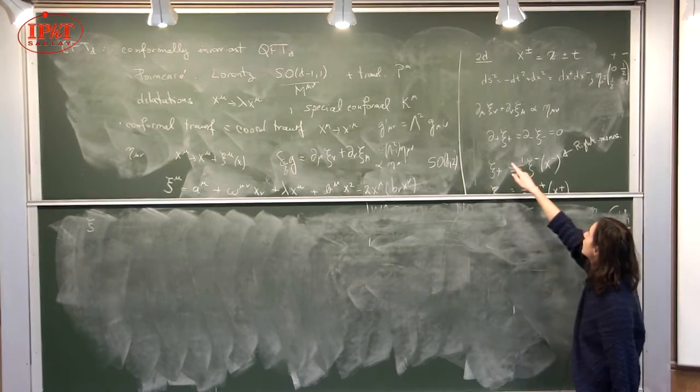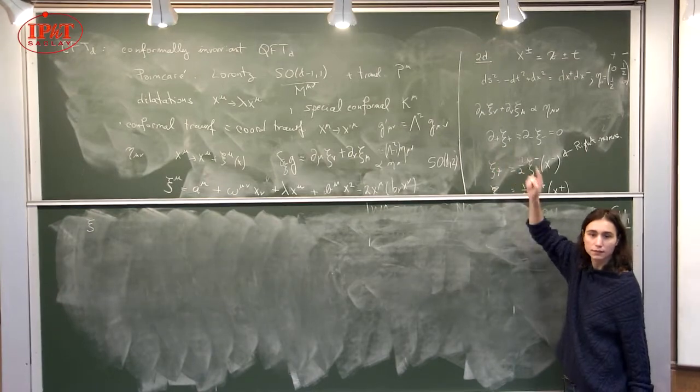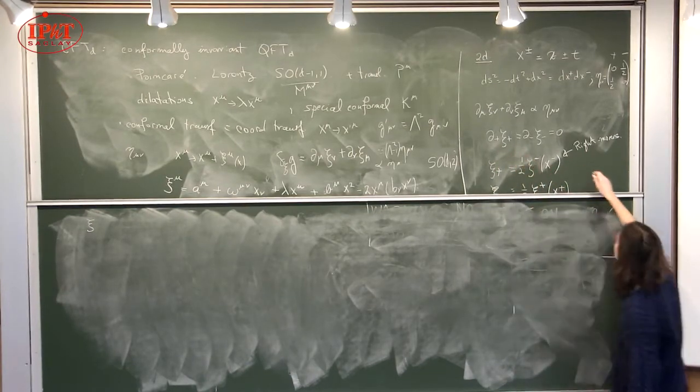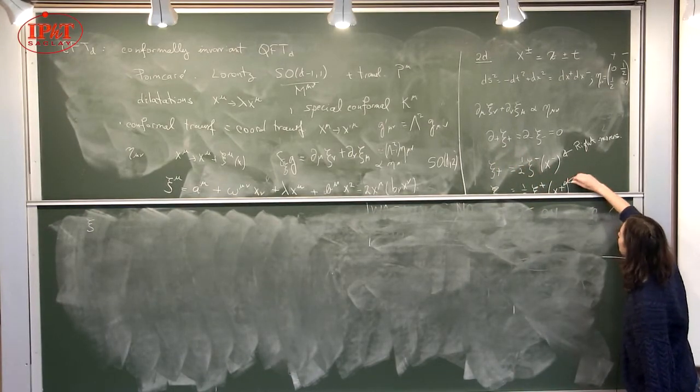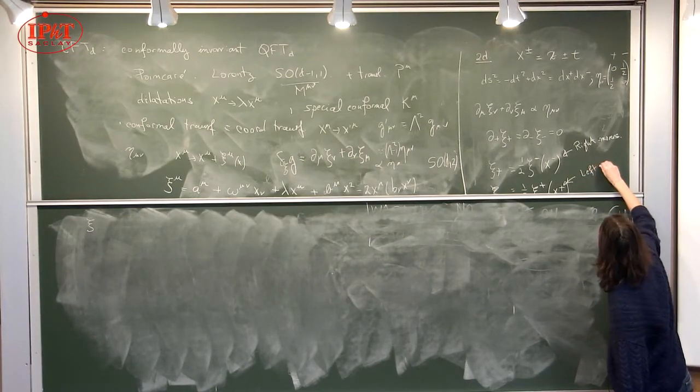Why? Because this is killed by d plus, and d plus is dt minus dx. So you see that it's moving in a particular direction. And these guys, which you cannot see, but they depend on x plus, I'm going to call them the left movers.